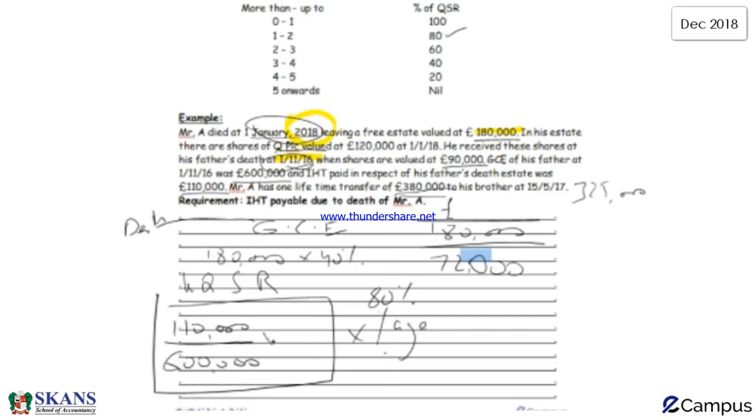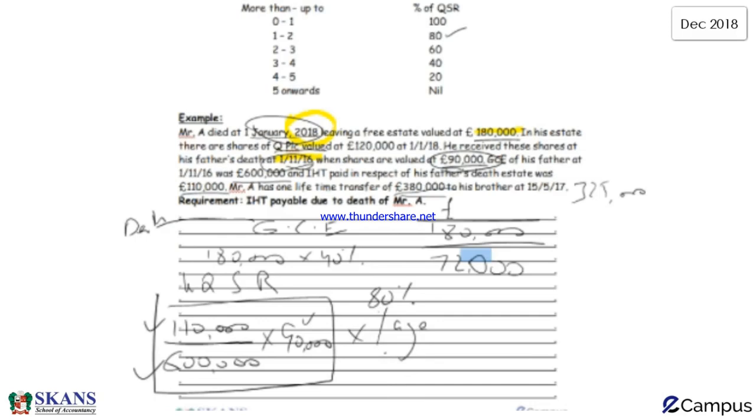And what was the value of this asset on first death? Well, that was 90,000. We'll say this was the total tax paid on his father's death on a total estate of 600,000. We don't want to know the tax on the total estate. We want to know what was the tax in respect of 90,000.